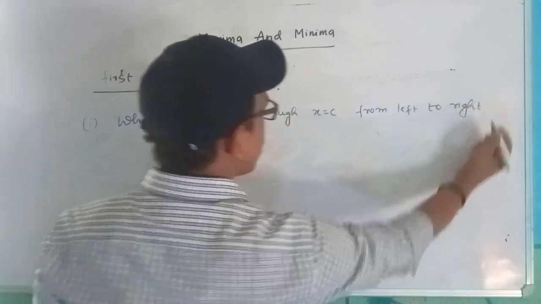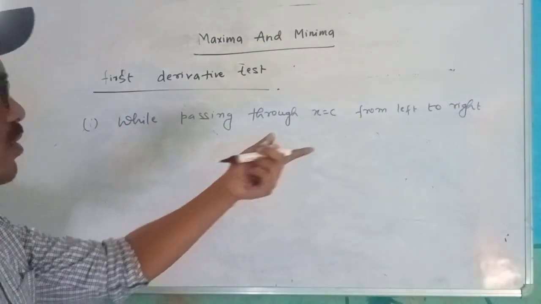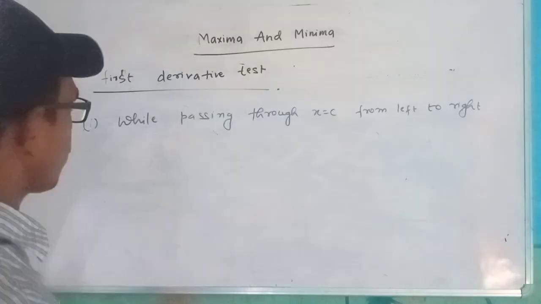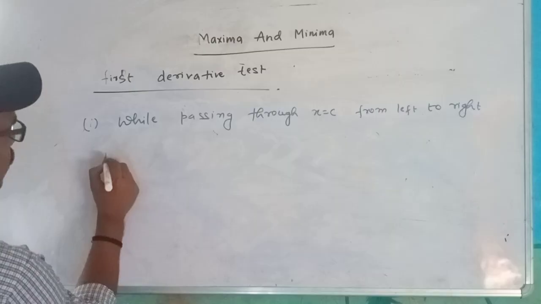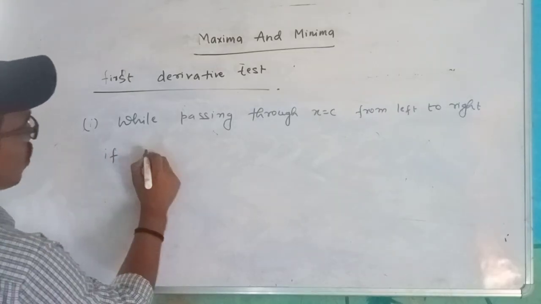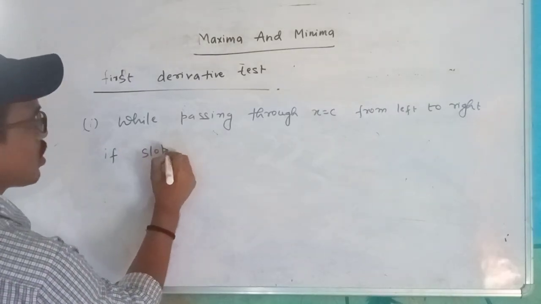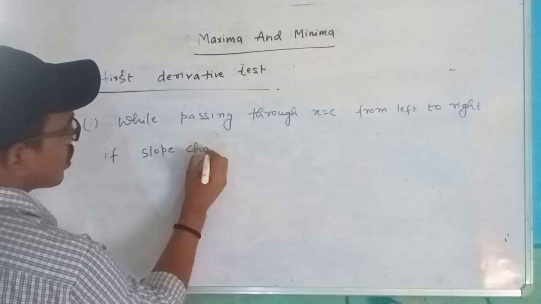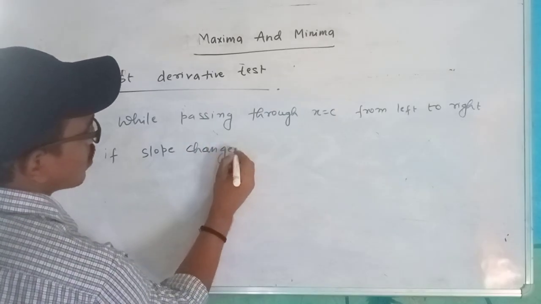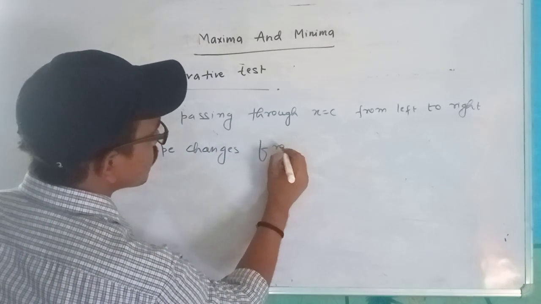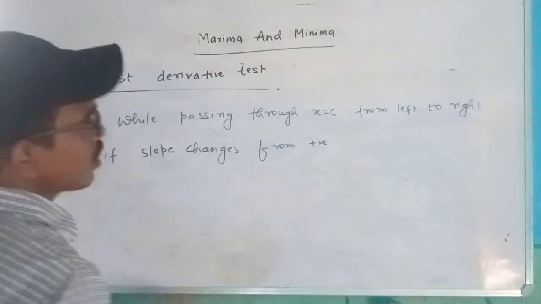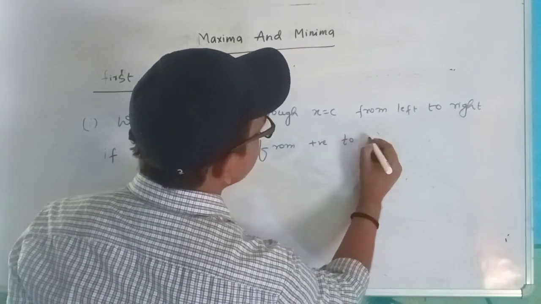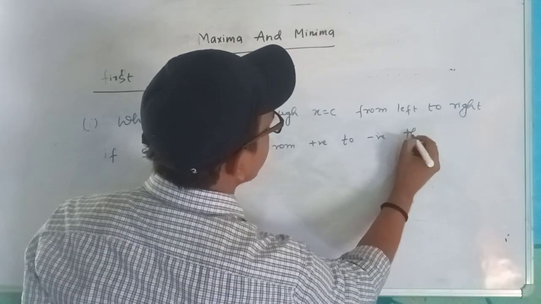I'm writing it in our own language in the book there. Then we have another language, but the concept is the same. So while passing through a point c from left to right, the slope changes from positive to negative.